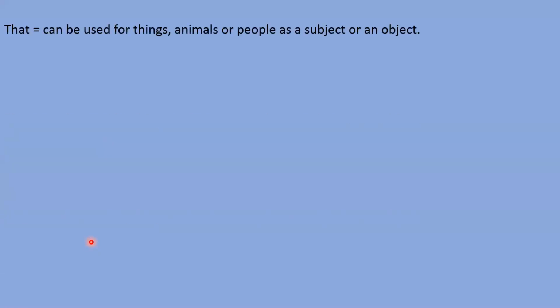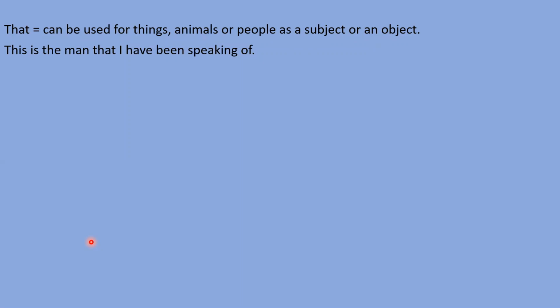Come on, the next relative pronoun, that. That can be used for things, animals, or people as a subject or as an object. दैट वर्ड को हम एनिमल्स के लिए भी यूज कर सकते हैं, थिंग्स के लिए यूज कर सकते हैं, पीपल के लिए यूज कर सकते हैं, यानी नॉन लिविंग और लिविंग दोनों चीजों के लिए हम इनको यूज कर सकते हैं, चाहे वो सब्जेक्ट हो चाहे वो ऑब्जेक्ट हो। Like, this is the man that I have been speaking of.